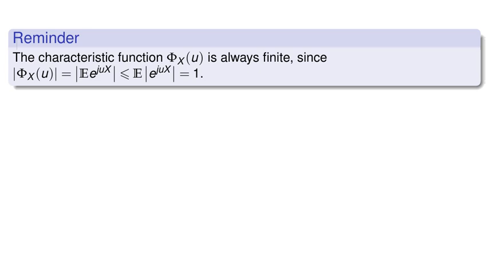Since the magnitude of e to the jux is always 1, its expectation is also 1. Thus, the magnitude of phi sub x of u is bounded by 1.